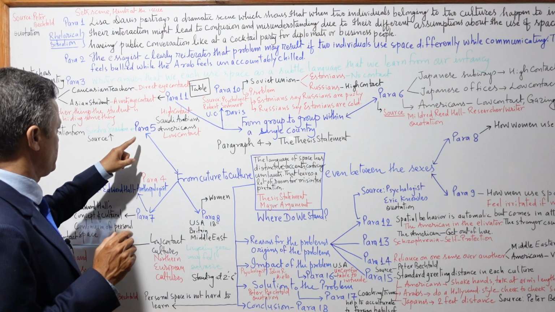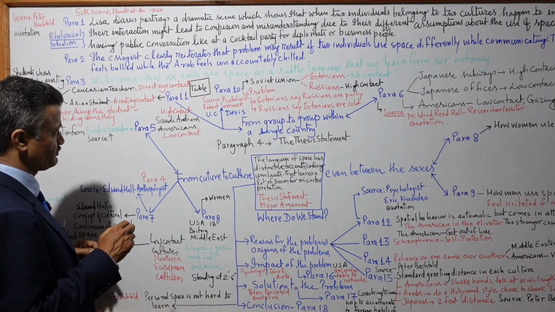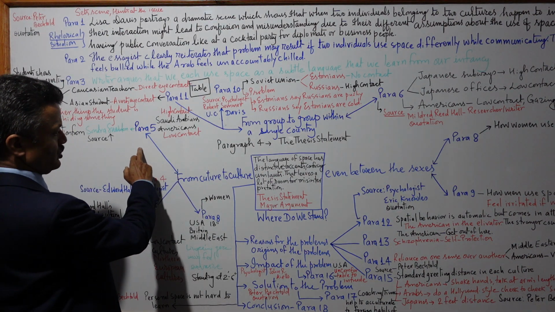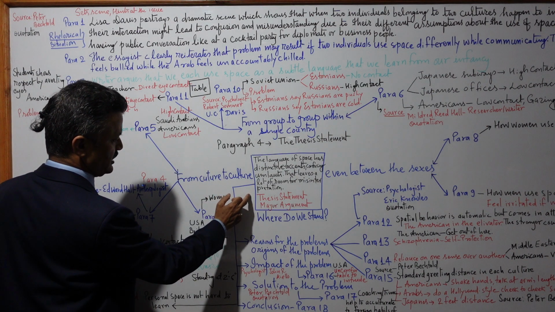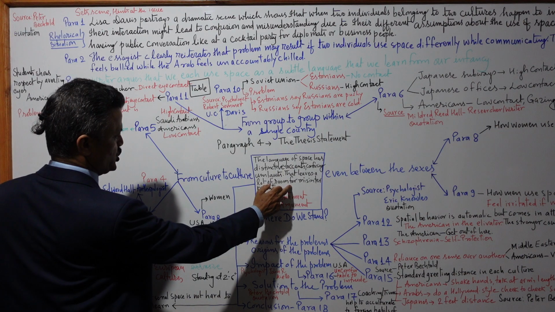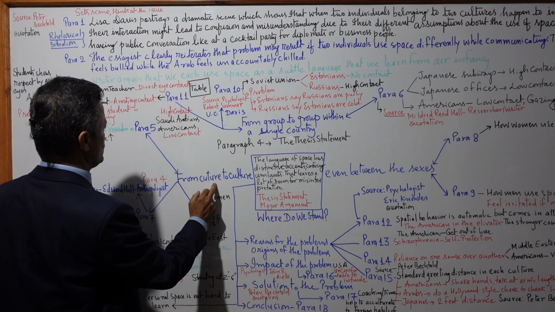So what I do in paragraph 5, for example, I show how Lisa Davis supports this thesis statement that space use differs from culture to culture.